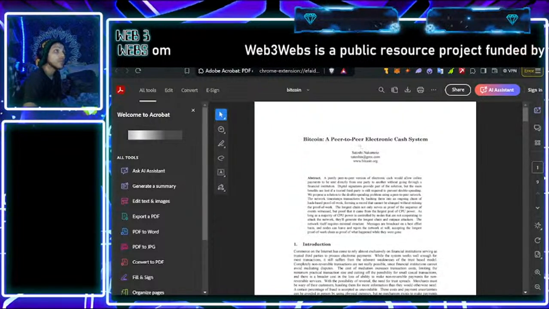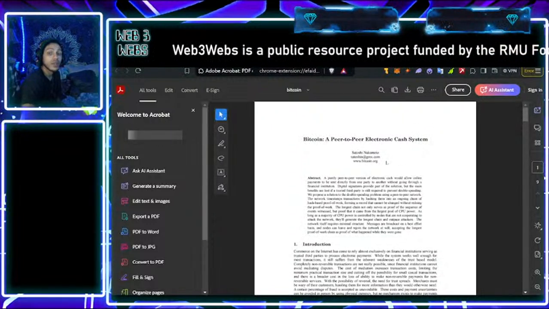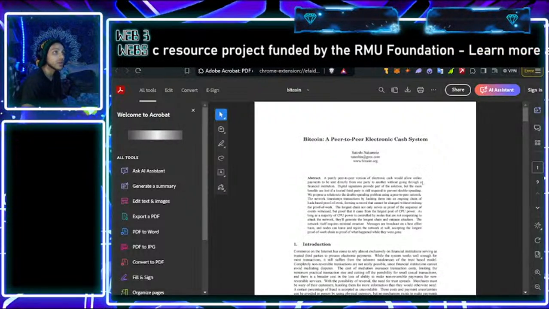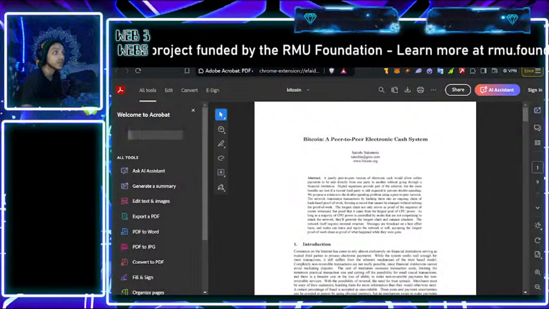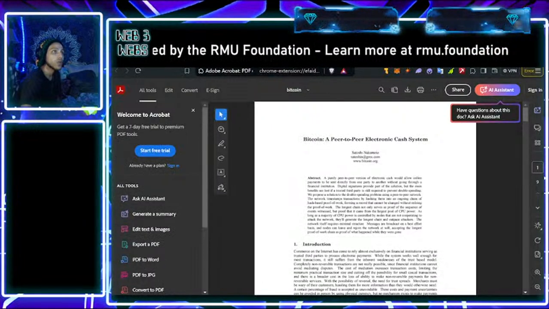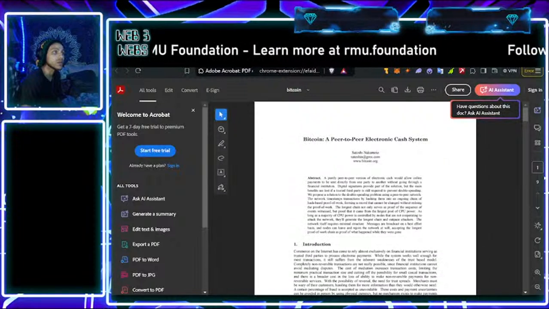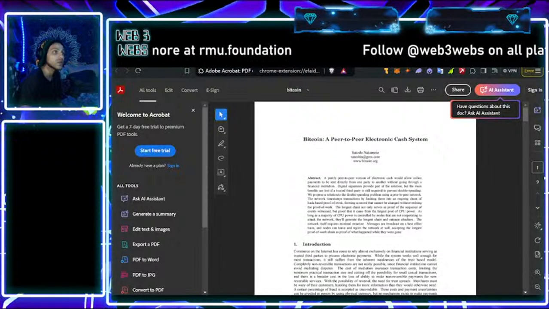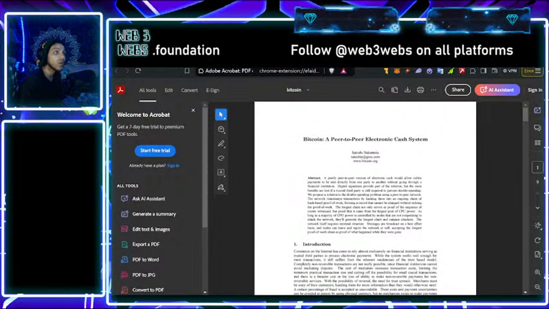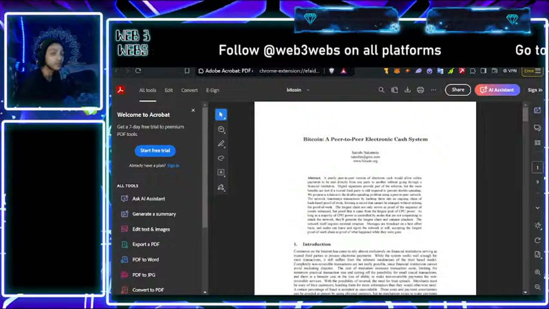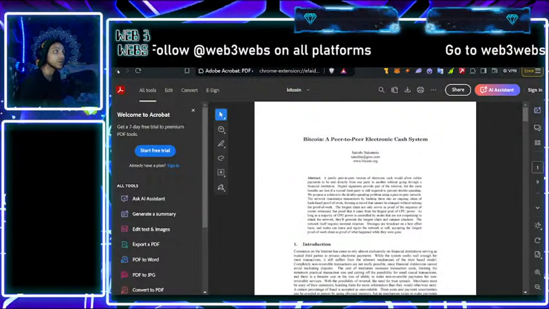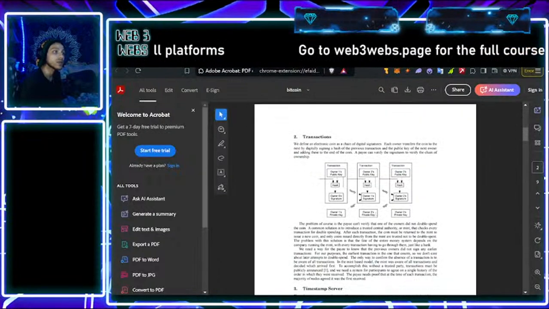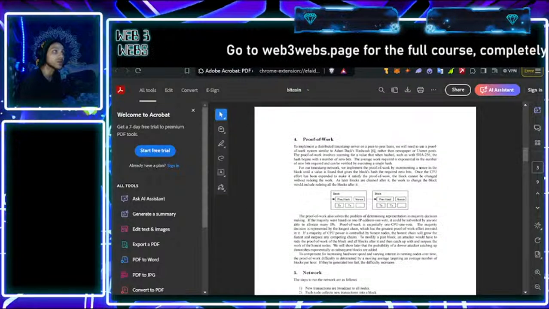Right, so Bitcoin, a peer-to-peer electronic cash system. A purely peer-to-peer electronic cash would allow online payments to be sent directly from one party to another without going through a financial institution. Digital signatures provide part of the solution, but the main benefits are lost if a trusted third party is still required to prevent double spending. Remember we talked about double spending in the previous presentation too. But yeah, it has the introduction, talks about transactions. It literally goes through how all this stuff works.